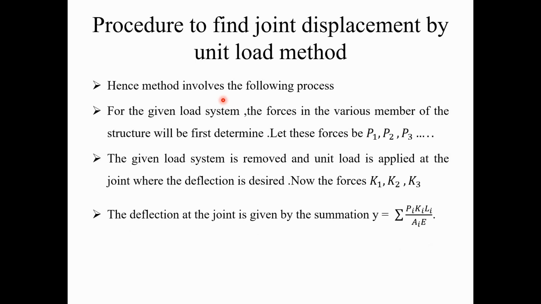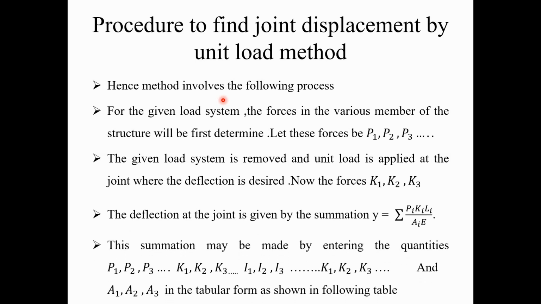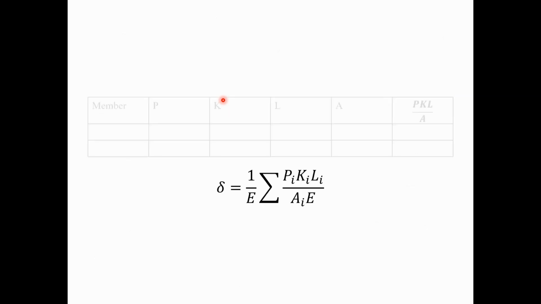Then the deflection at the joint is given by Y equal to summation of Pi, Ki, Li divided by Ai into E. And this summation may be made by entering the quantities P1, P2, P3, K1, K2, K3, I1, I2, I3, which is the moment of inertia of the member, then A1, A2, A3, and L1, L2, L3, that is the lengths of the members, in tabular form as shown in the following table.